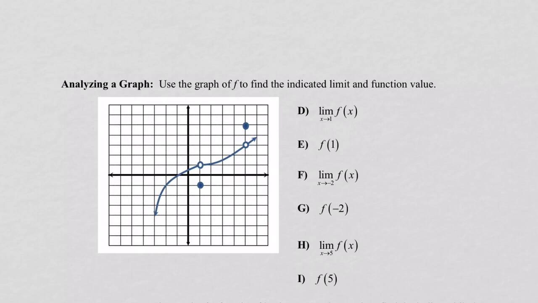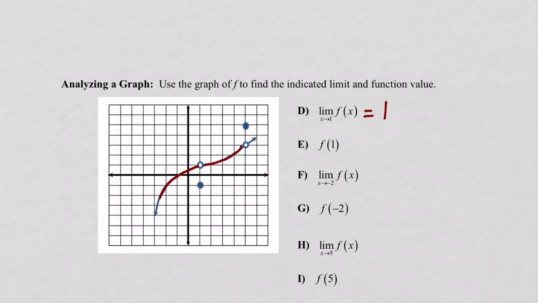Now that we have a basic understanding of what a limit looks like based upon a function, we're going to look at other types of limits and then function values and how they're related. And this is going to be according to a graph. So if we look at D, D is the limit as x approaches 1 of f of x. And we'll analyze the limit as x approaches 1 from the left-hand side, which is positive 1, and from the right-hand side, which is positive 1. Our limit in this case is 1.